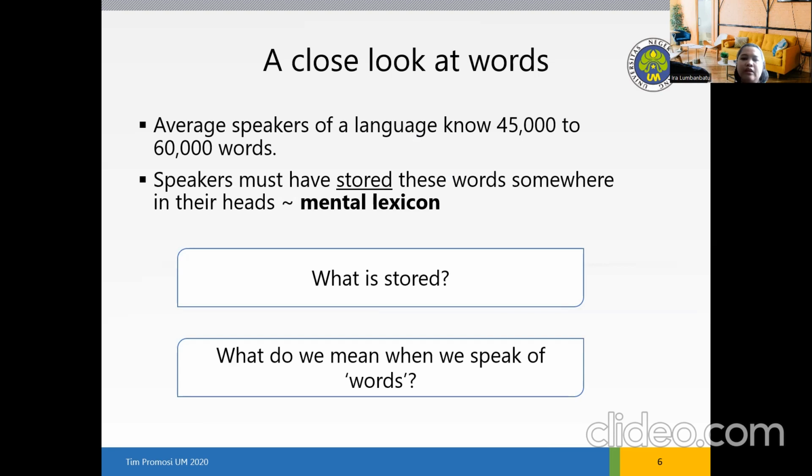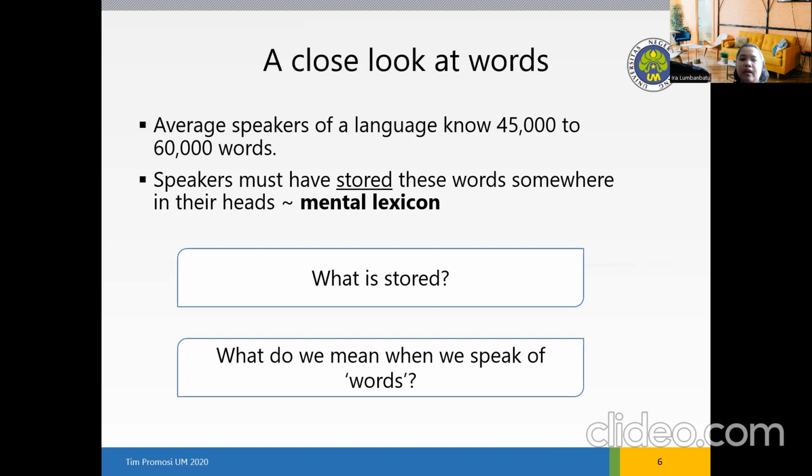The mental lexicon refers to the mental repository or storehouse of words, the lexical information or their associated meanings that an individual possesses. It encompasses not only the meaning of words, but also information about their pronunciation, spelling, grammatical properties, and relationships with other words.